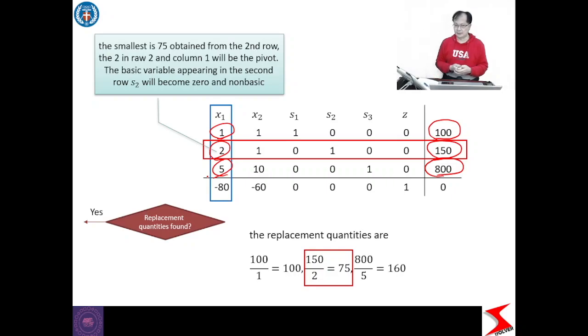Okay, and how we determine the leaving variable, we choose the smallest value of all, right? So the 75 is the smallest value among 100, 75, and 160. Okay, so we can determine the pivot is here. Then, according to this point, we do the pivoting for the next solution.